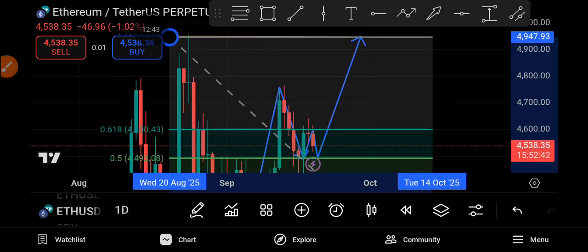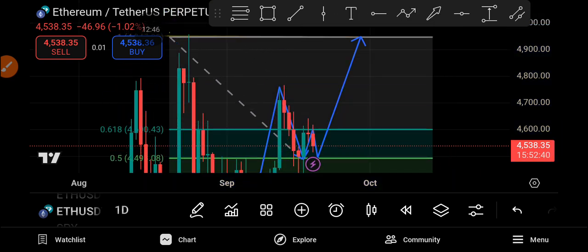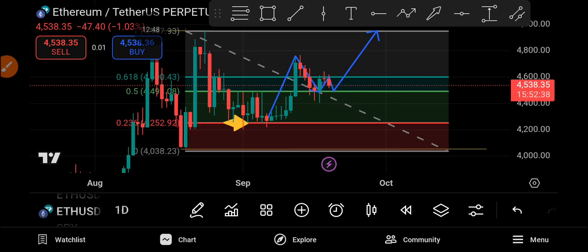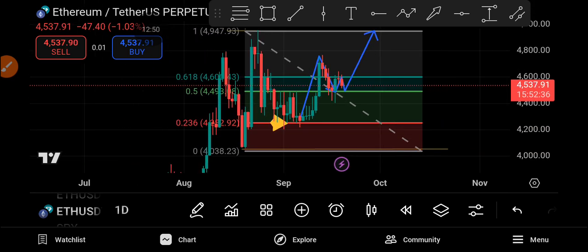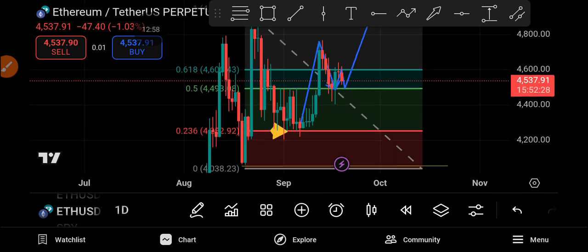It will cause a change of character, or just strip liquidity and come down to the premium zones. It will come back to the discount zones.